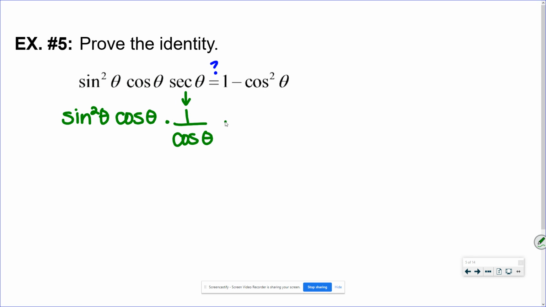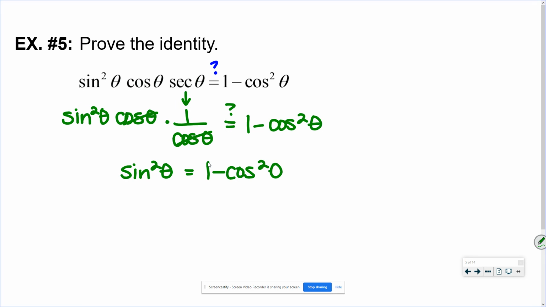Okay, the reason I wanted to do that first was because these cosines can cancel. I'm getting ahead of myself here. Okay, the cosines can cancel, and then I end up with sine squared theta equals 1 minus cosine squared theta.